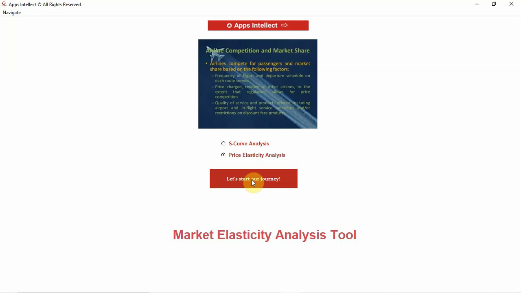If passengers are sensitive to these properties, they are called elastic. Then decreasing fares, increasing frequency, and improving service quality can result in increased revenue. They are basically the leisure travelers who are price sensitive, who are going on vacation.